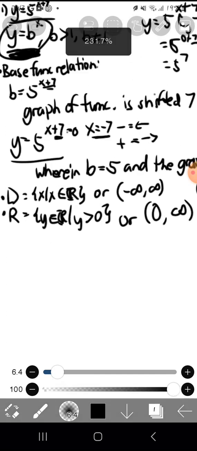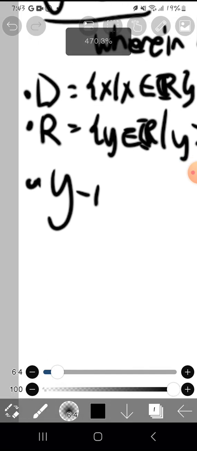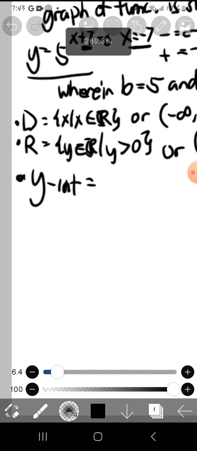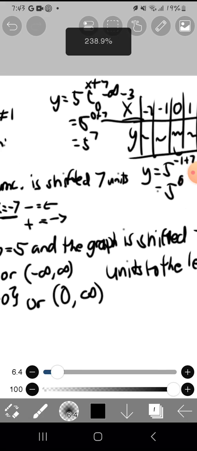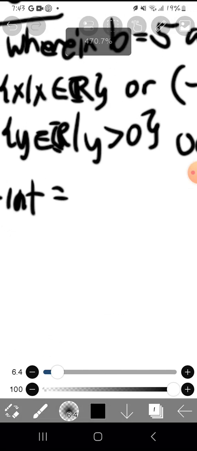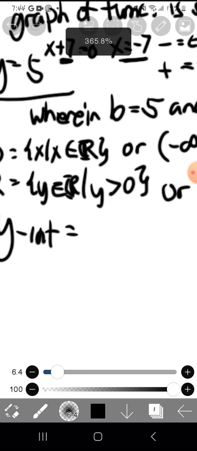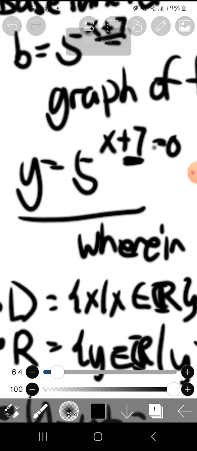Oh yeah, y-intercept. Yung y-intercept na ito, isa lang naman talaga, most of the time, I think, or always. Basta, search mo lang kung most of the time or always. So, we can get the y-intercept by substituting the value of 0 sa ating x variable sa exponential function.